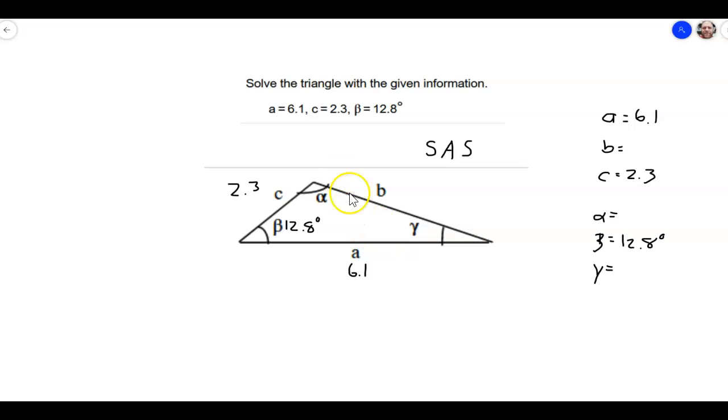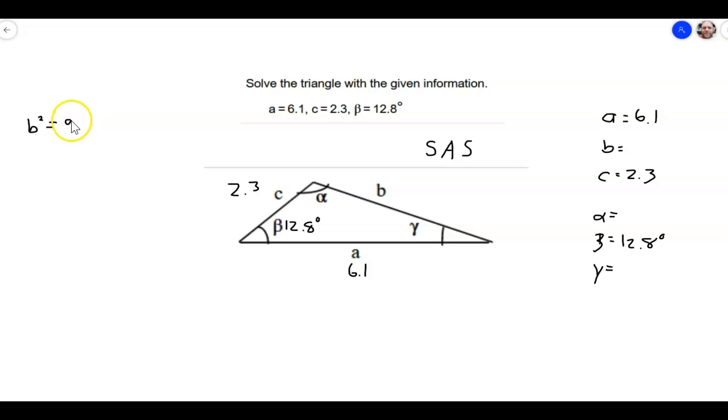Okay, so how do I use this? Well, I'm going to start off with the side that I don't know. In this case, that is the b over here. So it's going to look like this. b squared is equal to the sum of the other 2 sides squared.